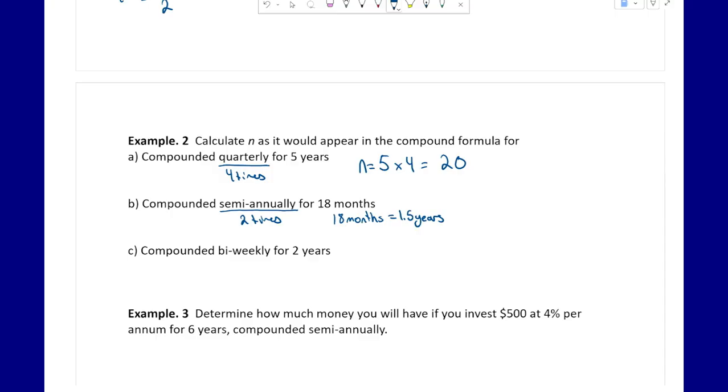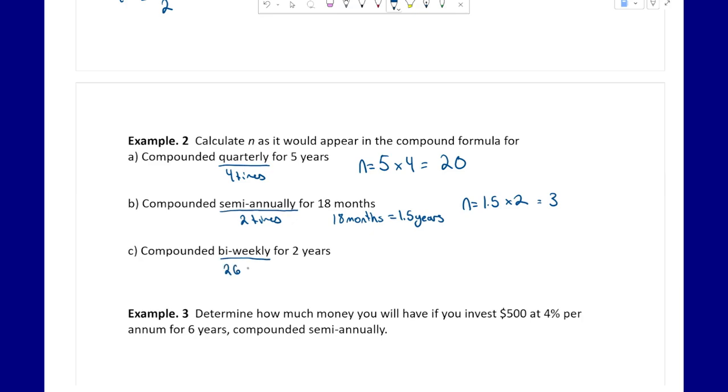So if it's semi-annually for 1.5 years, our N value is going to be 2 times, we keep a consistent number of years, so 1.5 years times twice a year, and we get 3. That means there are 3 compounding periods over the length of that loan or whatever it happens to be.